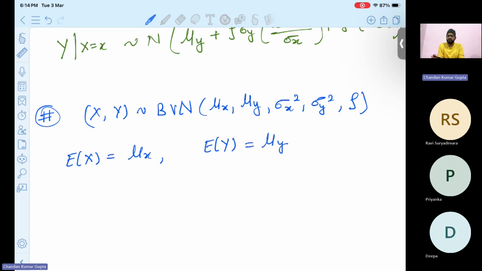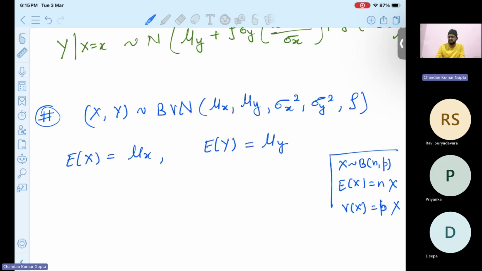As we have already discussed for the normal distribution, the parameter values themselves are the first and second order moments, that is the mean and variance. But not in all cases. Suppose x follows binomial(n, p); then the expectation of x is not equal to p, this is wrong, and the variance of x is not equal to p, this is wrong.